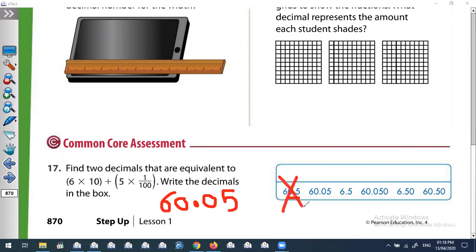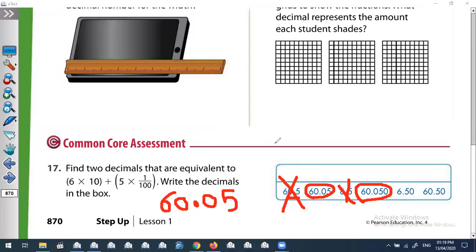Is this number equivalent to this number? No, because 60.5 is not like 60.05. I can't erase this 0. 60.05, yes, exactly. 60.050 is like 60.05, yes, because I can add zeros on the right, no problem.